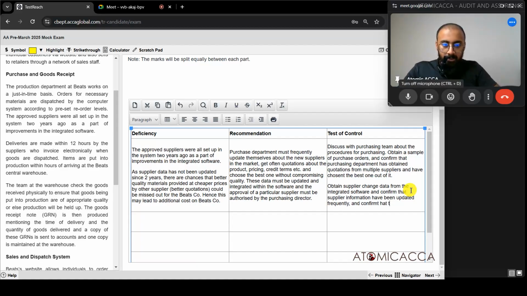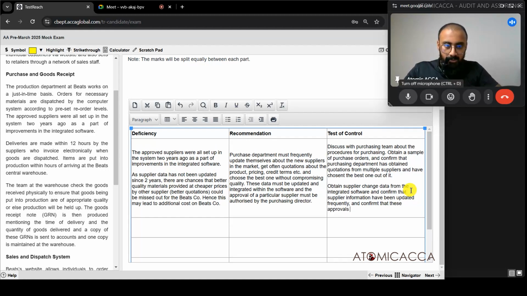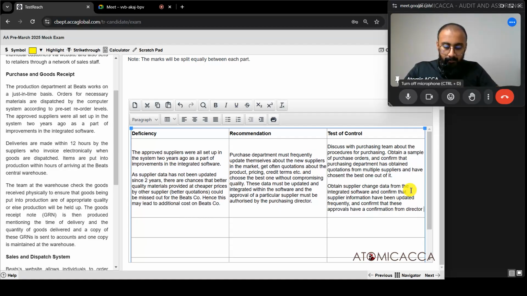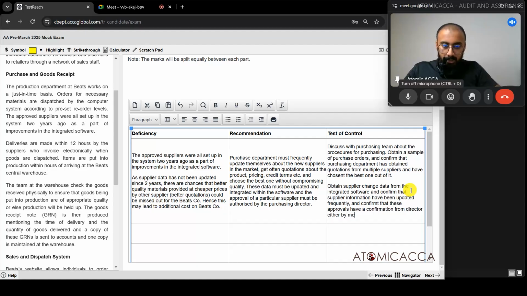and confirm that these approvals have a confirmation from director either by means of signature.